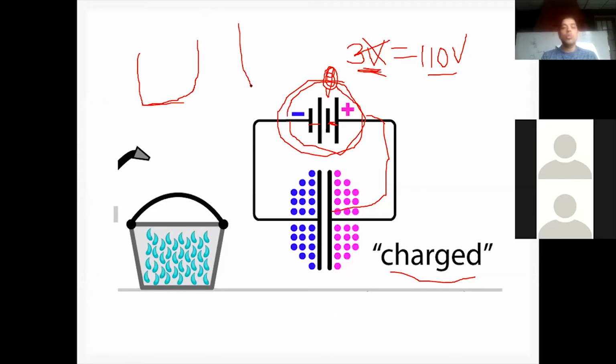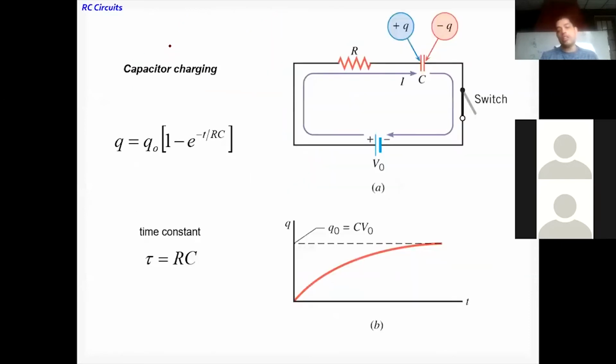Or is it very fast in the beginning, then slowly goes up like this, or does it go like a straight line? How does the charging process occur? Okay, it happens like this.